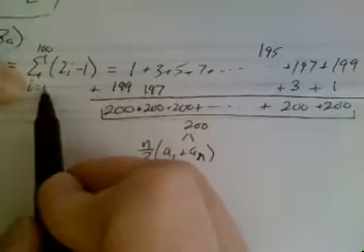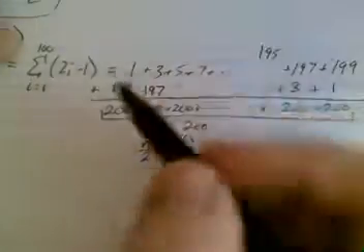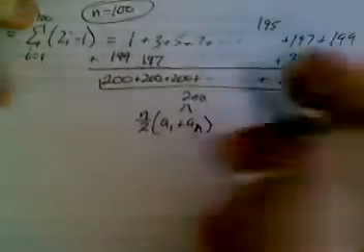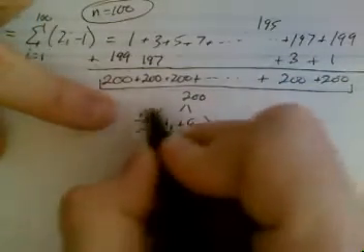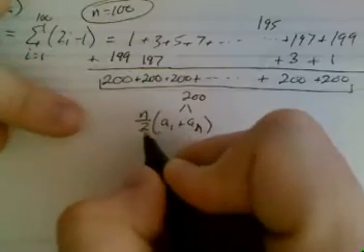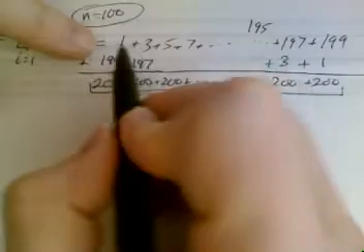Starting at 1, going to 100, if I count that appropriately, 1, 2, 3, 4, 5, it counts logically, so I have n equals 100 terms. So I have 200 coming from the terms added to each other, and I have 100 of them. Why am I dividing this by 2? Think about it.